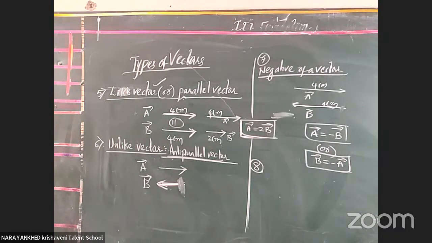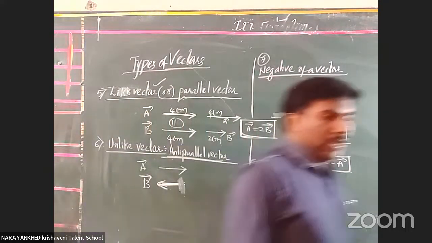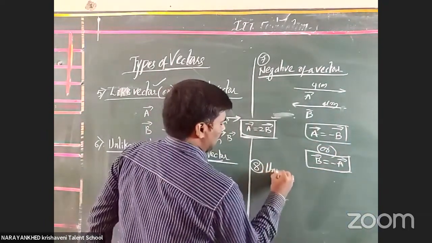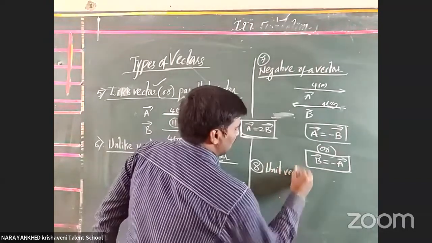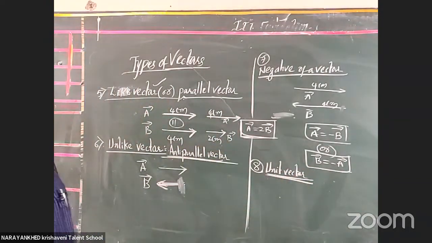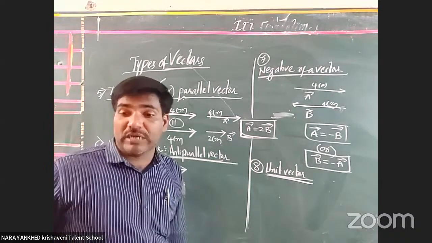The next component is the unit vector. Which one is called a unit vector? The vector whose magnitude is a unit.